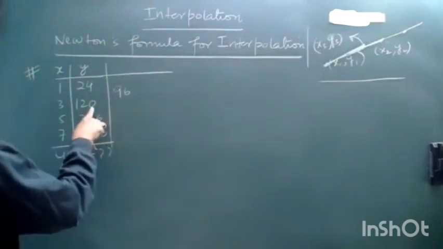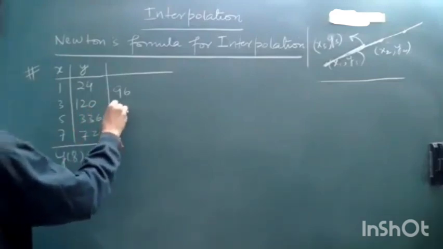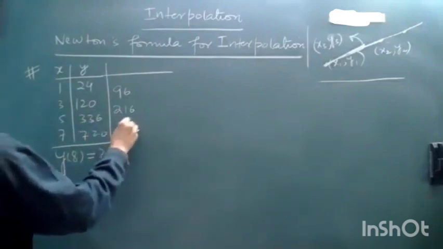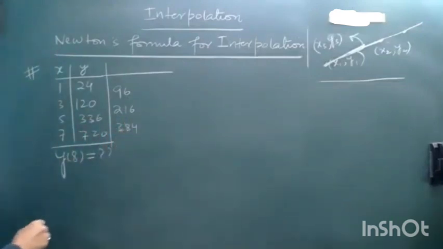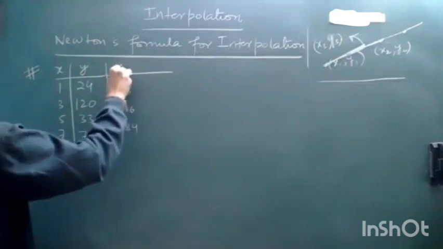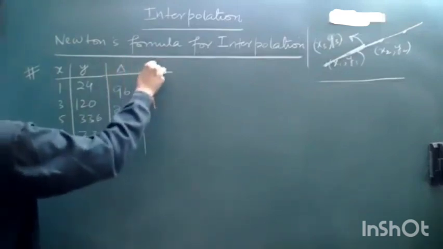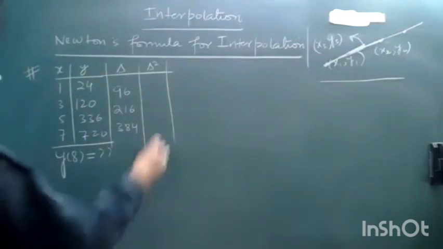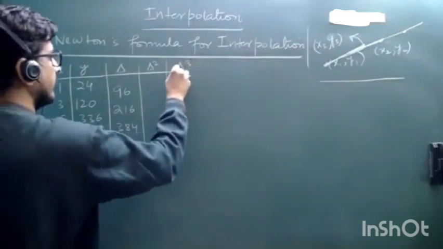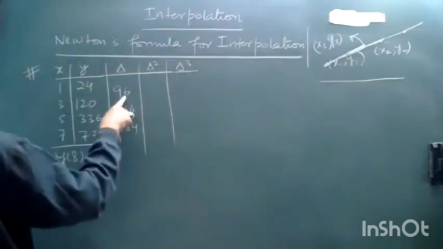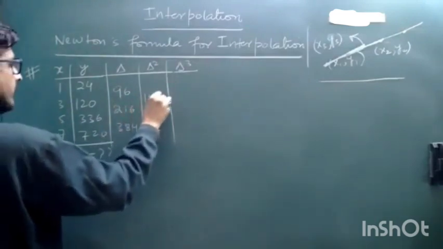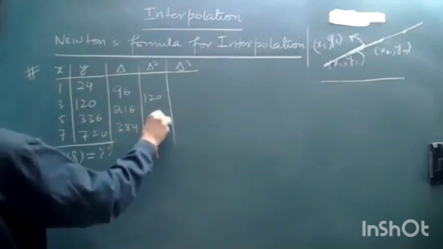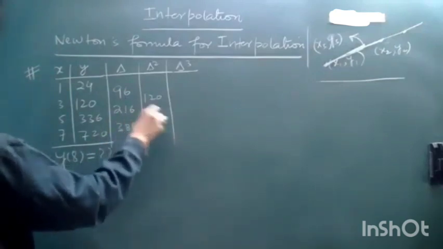Subtract this from this, you will get 216. Subtract this from this, you will get 384. So this is del. Now del square. You understood? Del square, del cube, like that. So subtract 216 minus 120, it is 168. Now subtract this, it is 48.